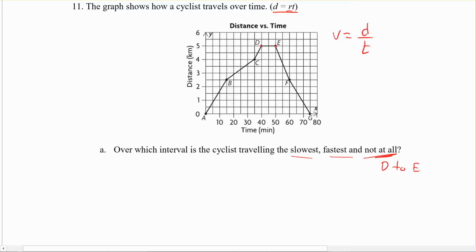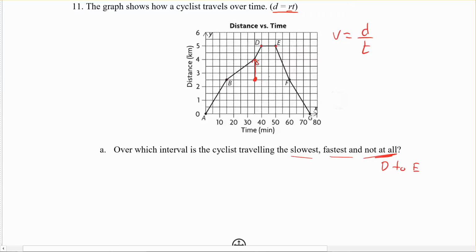The slowest rate, or the slowest velocity, if you kind of see here, it's going to be, well, if we look at maybe this one, let's go from B to C is what I'm looking at right now. So from B to C, you can see that the distance it covers is 1, 2, 3. It goes up 3 from there to there.